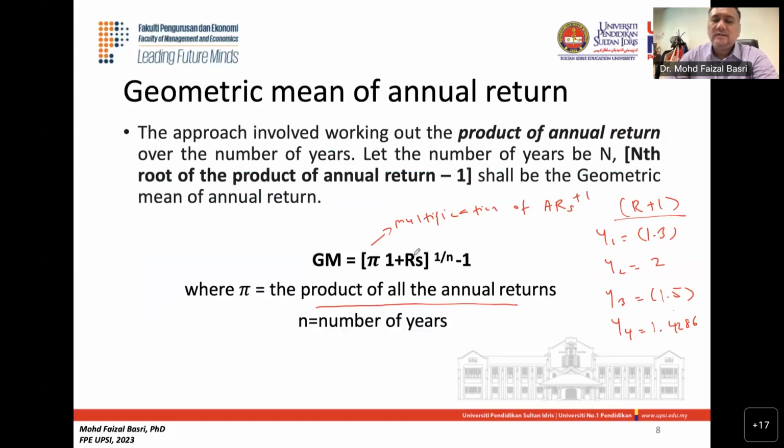So to solve our brackets here, simply multiply all of this. So to find the geometric mean, it will be negative 1.3, put a bigger bracket here, times 2 times negative 1.5 times 1.4286. Then to the power of 1 over n, our n is 4 years, so divide by 4. Then we minus 1 at the back.